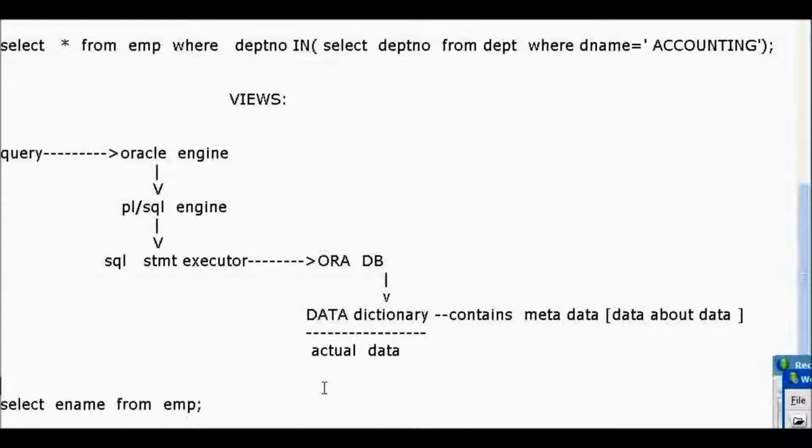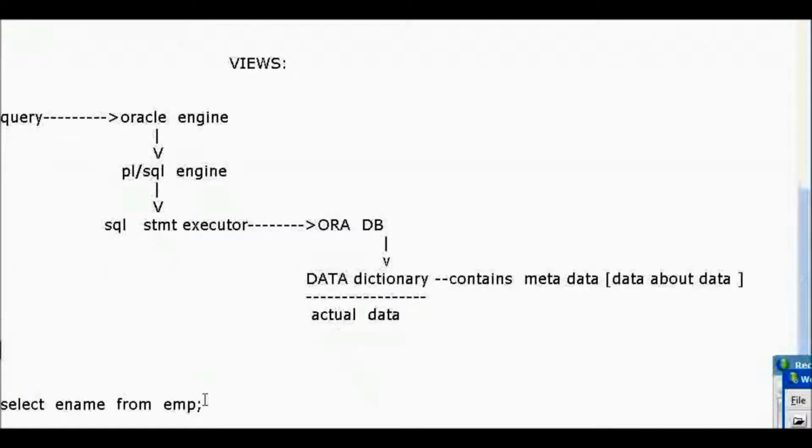So for employee names, first, from the actual data, the table can be opened in a temporary memory area. Let me write. From the actual data, the data can be opened here, temp memory. In this temporary memory area, EMP table data can be opened.